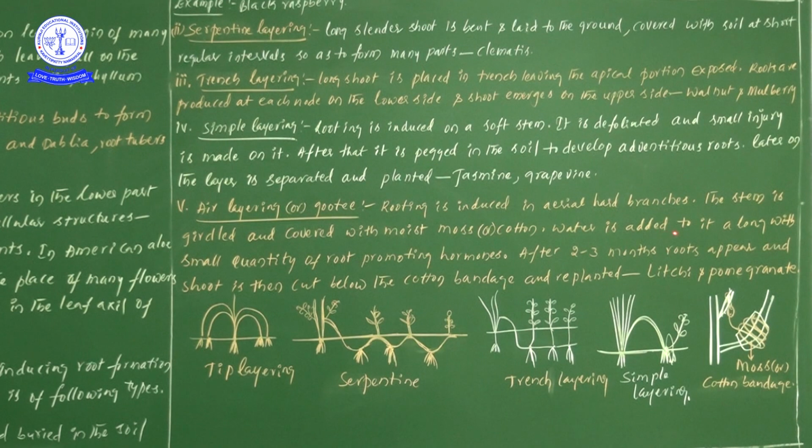Means here we add water, and later a very small quantity of root promoting hormones also we add to that. In the diagram, the white box-like piece is where we added water and root promoting hormones.